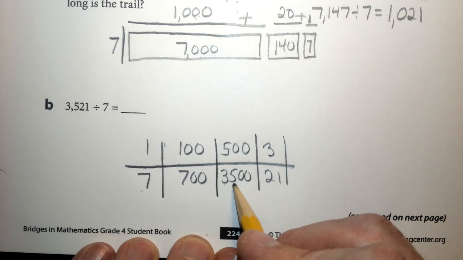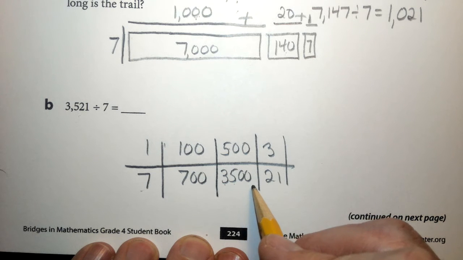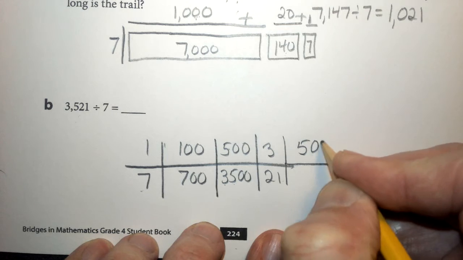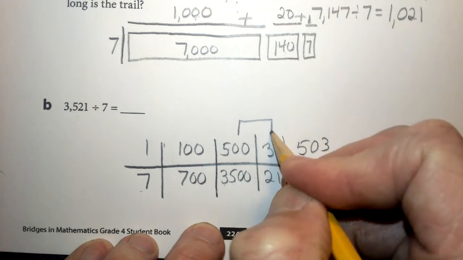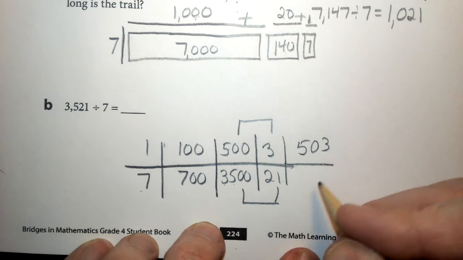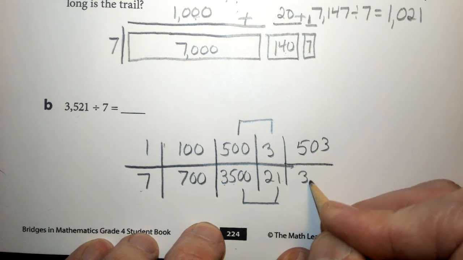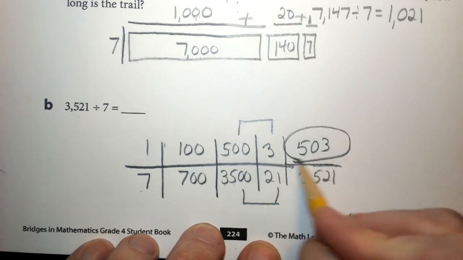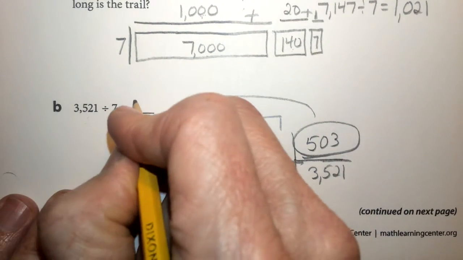So I have 3,521. So if I add up the 500 and the 3, these two put together give me 3,521. So the answer is 503.